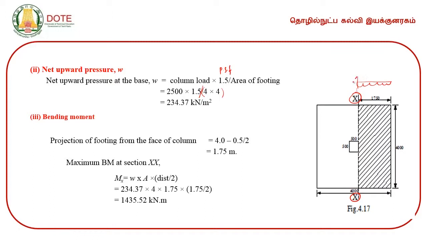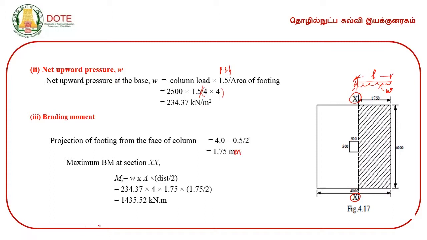This is a cantilever with a fixed support, and this is the net upward pressure on the soil, W, and we can take this as your L. So the moment due to the load on this hatched area is this, and the projection of the footing from the face of the column for this exercise is found to be 1750 millimeters.